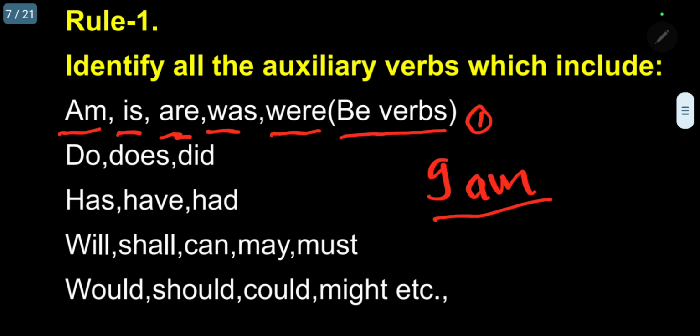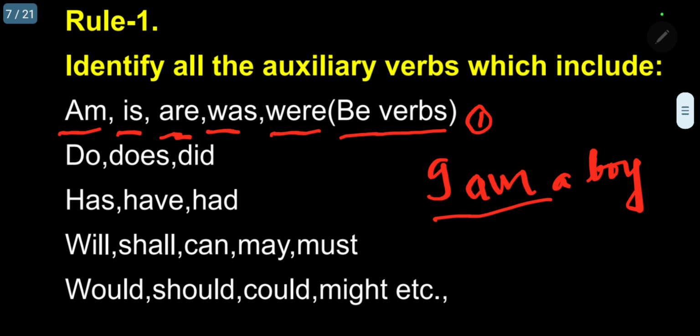Primary auxiliary am is used in present tense; in past tense, singular was, plural were. But the exceptional case is I. Whenever I use I, I have to use only am. I am a boy. Kindly follow.